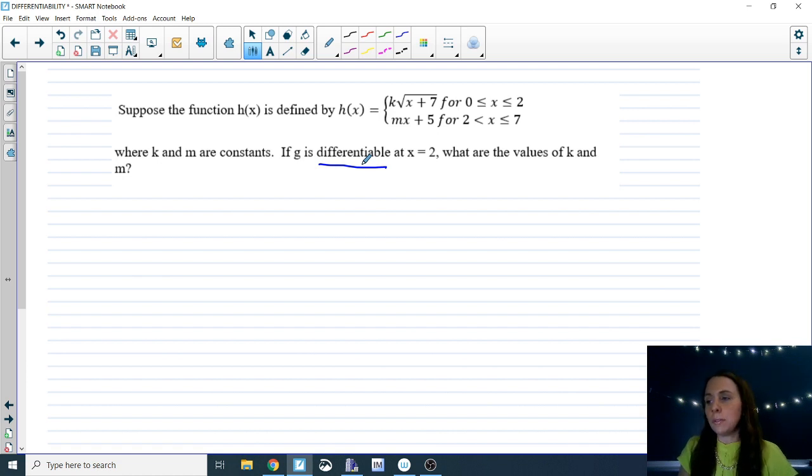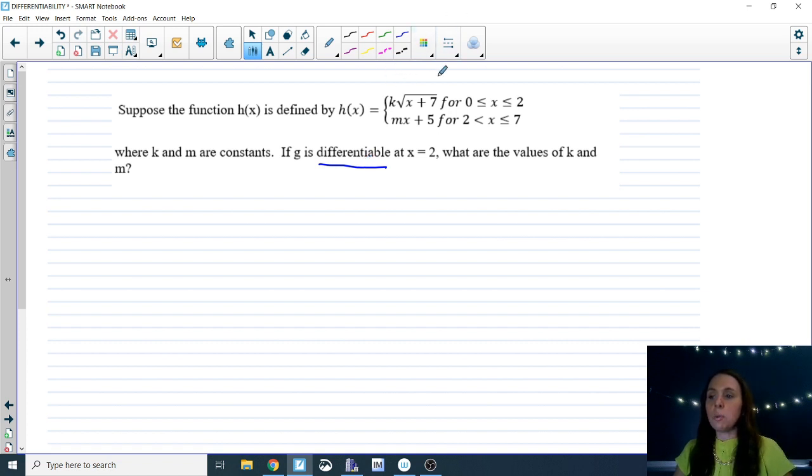All right, this is super fun for me because I'm just doing this without looking at my answer key. I have no idea where my answer key is for this right now, but let's just jump in and talk about it. Okay, so the first thing that you should consider here is that if the function is differentiable at x equals 2, it implies that it is continuous at x equals 2.